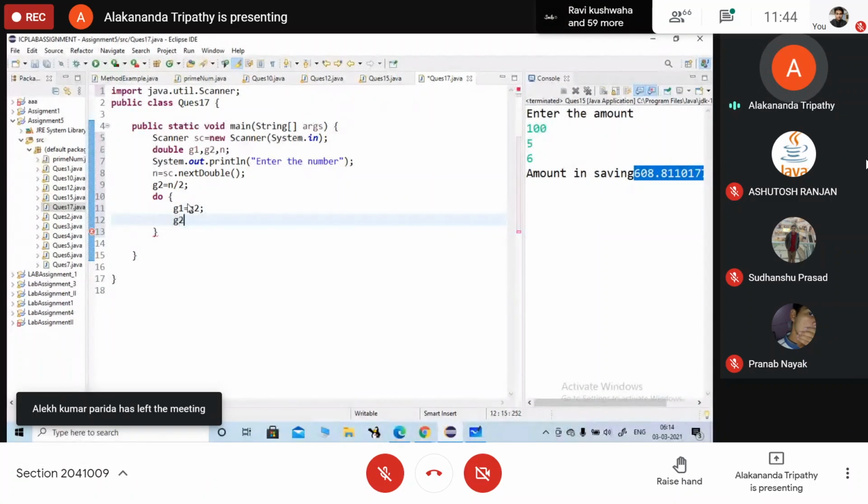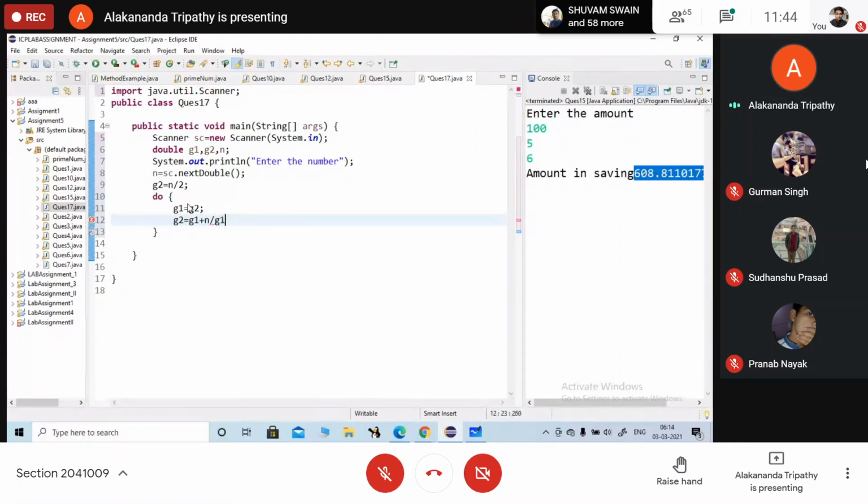Computed G2 equals G1 plus N divided by G1.